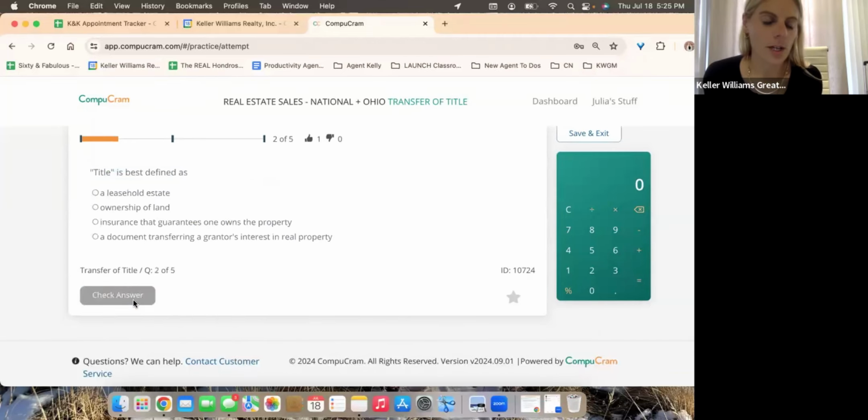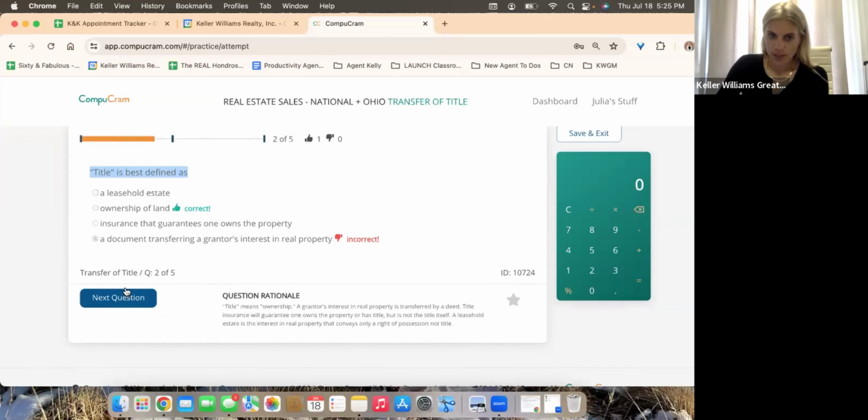Next question. Title is best described as A, a leasehold estate, B, ownership of land, C, insurance that guarantees one owns the property, or D, a document transferring a grantor's interest in real property. So it is going to be B, ownership of land.